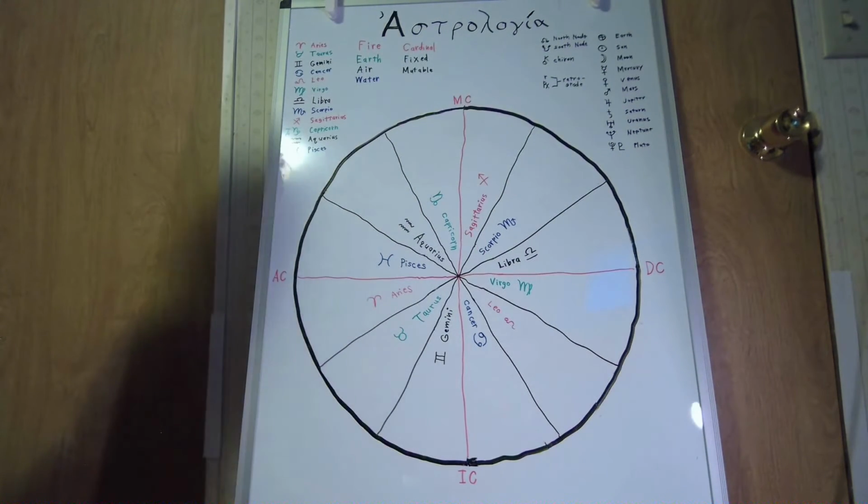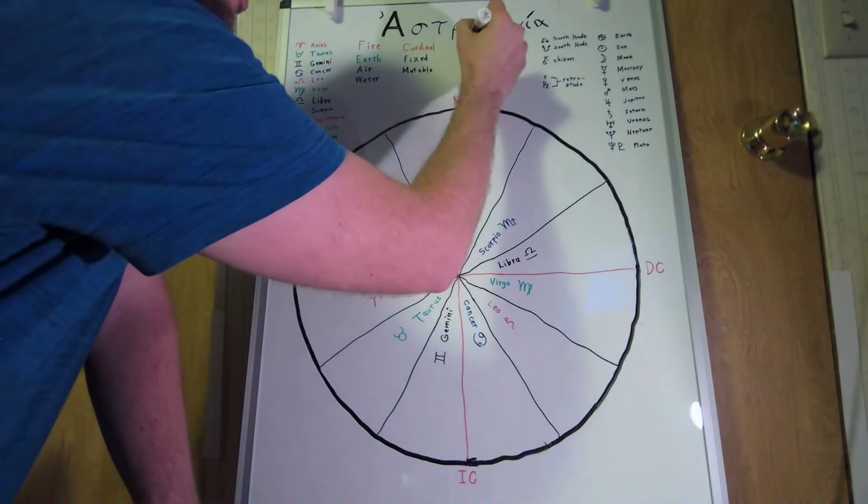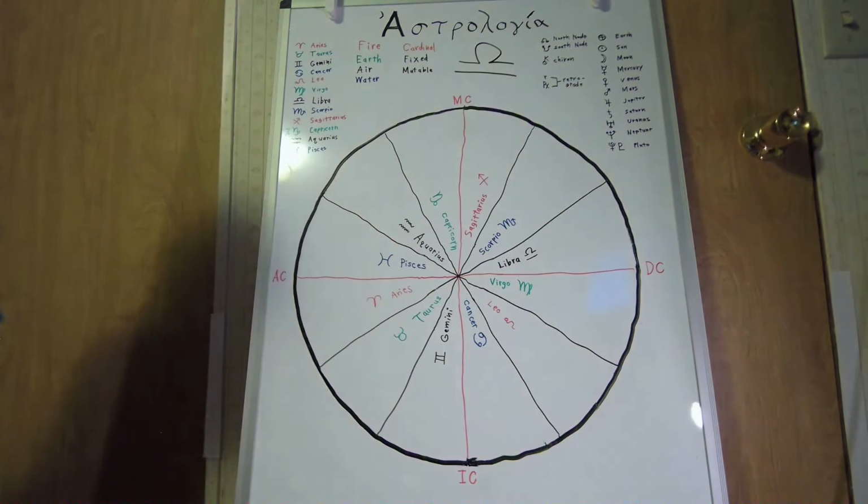Next, we have Libra. Libra, the scales, or the scales of judgment. Libra is cardinal air, and that means it's going to be communicative and intellectual, and it has initiative and it's enthusiastic.